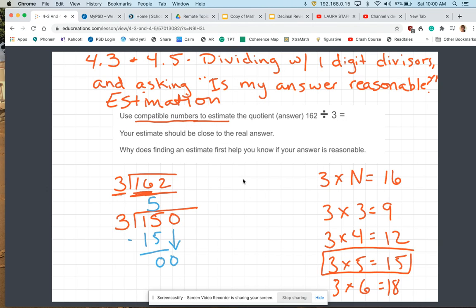Subtract, bring down 0. I could probably even do that in my head. So my estimate would be that 162 divided by 3 is close to 50. That would be a reasonable estimate.